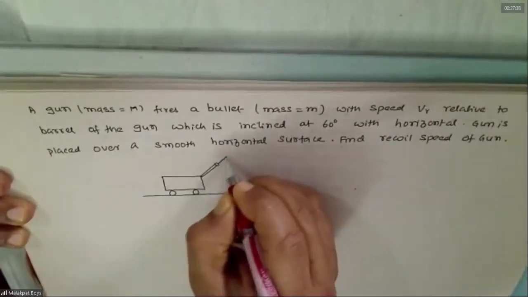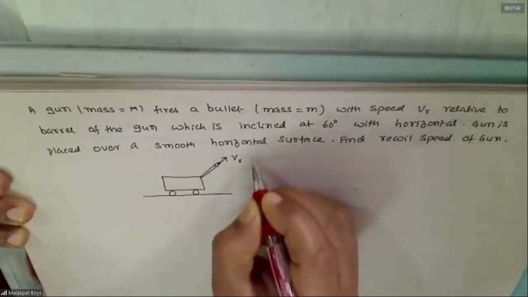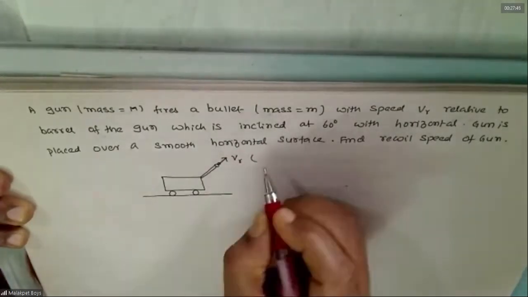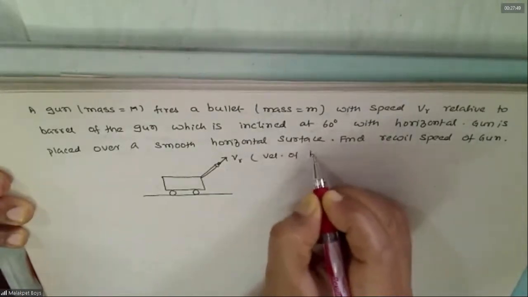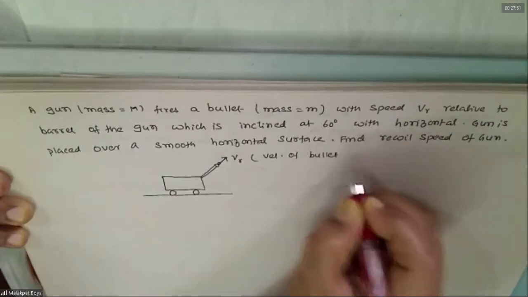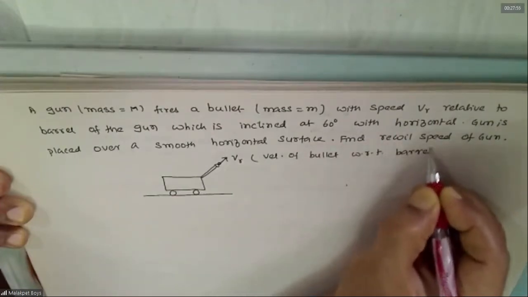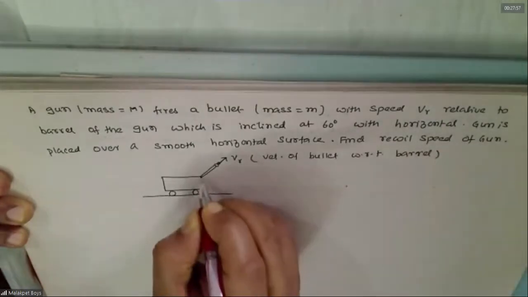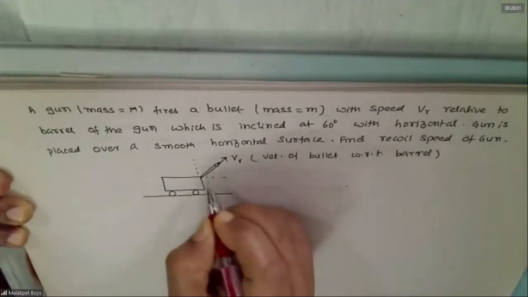What he says is the bullet will come like this. This is the velocity of the bullet with respect to what? With respect to the gun. Barrel of gun means with respect to the gun only. This is 60 degrees.